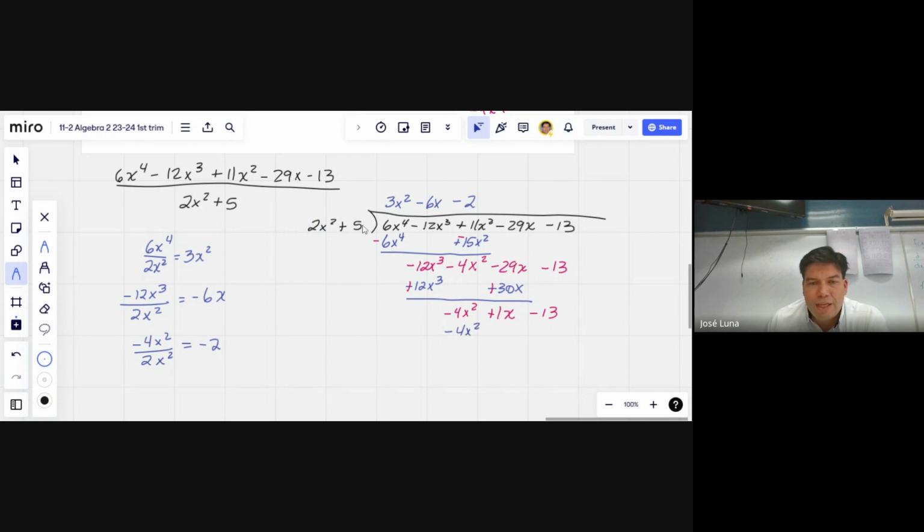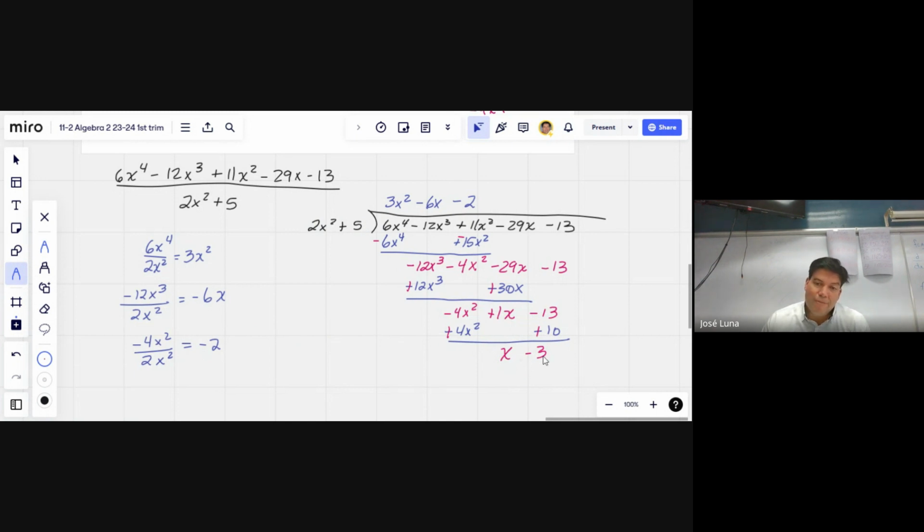And negative 2 times 5 is negative 10, which goes here under the negative 13. Okay, now I need to subtract. But my students make fewer mistakes when they're adding, so I tell them change the signs and add. It's the same as subtraction. Negative 4x squared plus 4x squared cancels. Positive 1x plus nothing is just positive x. Negative 13 plus 10 is negative 3.